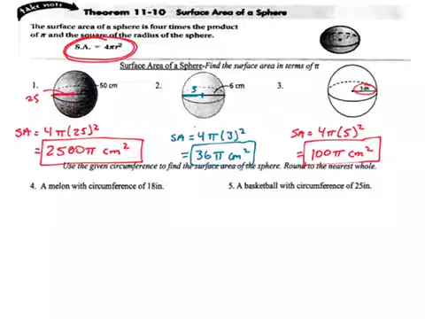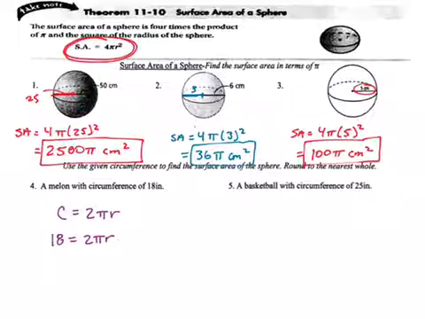Here they want us to use the given circumference to find the surface area of the sphere and round to the nearest whole number. So a melon has a circumference of 18 inches. Circumference, remember, is equal to 2 pi times the radius. Circumference we know in this case is 18, so 18 equals 2 pi r.